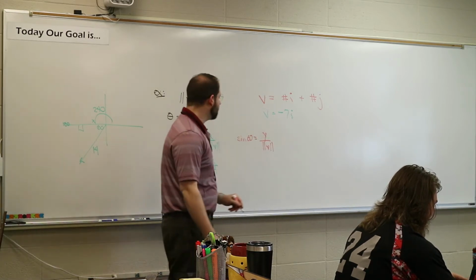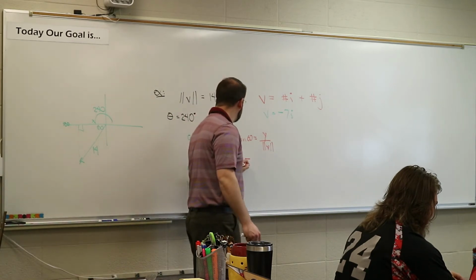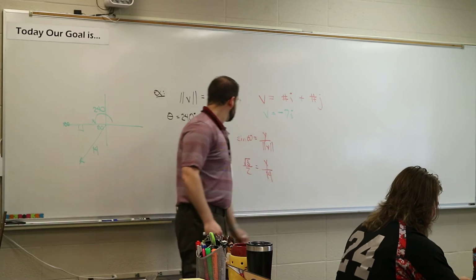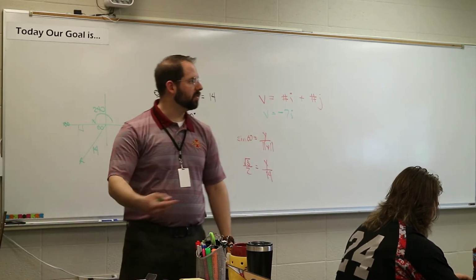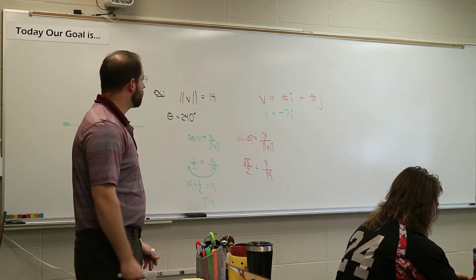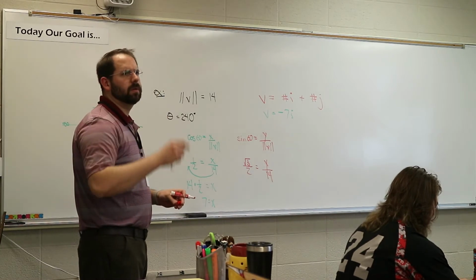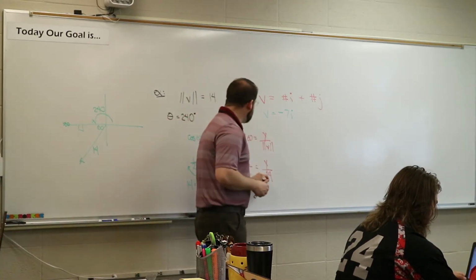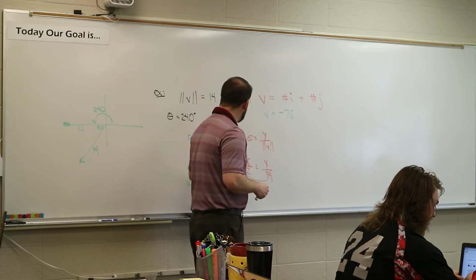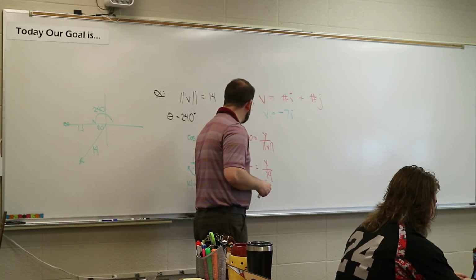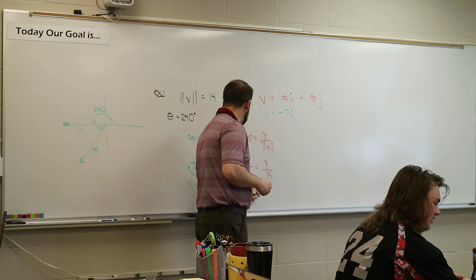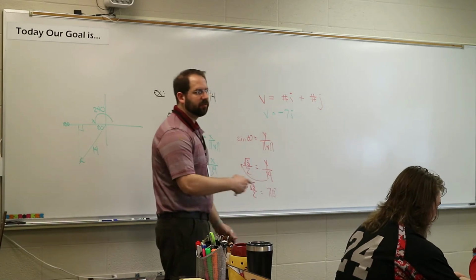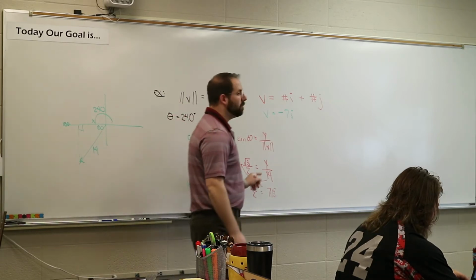But now sine of 60 is root 3 over 2 if you use your special triangles. So we multiply the 14 across times the root 3 over 2, I get 7 root 3, because the 14 would divide by 2. And it would be negative.